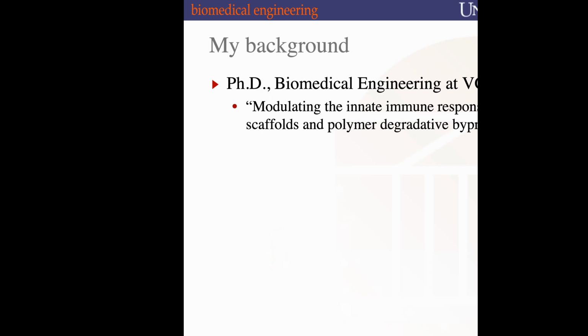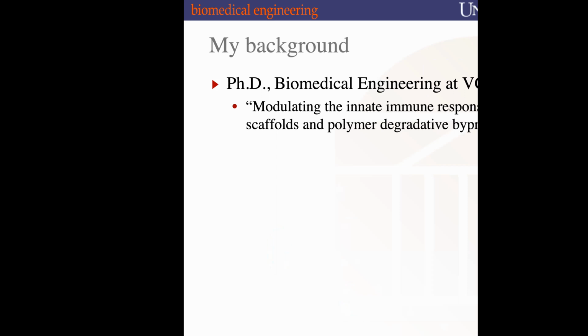And from there, I went to go get my PhD at VCU in BME. And my research was focused on trying to figure out how we could take scaffolds that are meant to promote tissue regeneration and angiogenesis, and how we could change the immune response to them simply by changing the architecture or the stuff that's in there. And so this was a project that I really enjoyed, and it helped give me a background in fundamental molecular immunology, as well as tying it together with tissue regeneration.